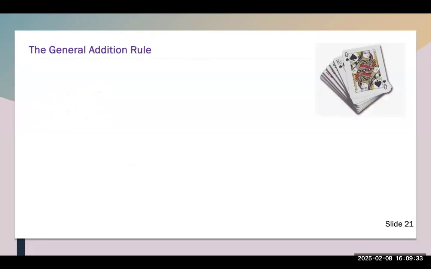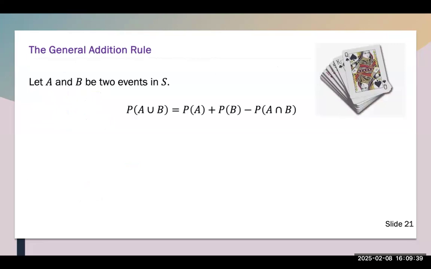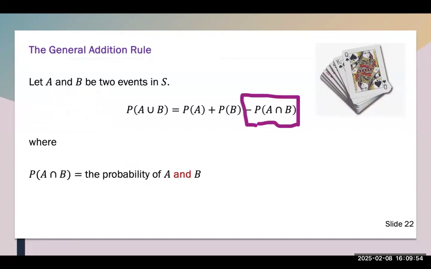Okay, here is the general addition rule. Given any 2 sets, A and B, in a sample space, the probability of A or B is the probability of A plus the probability of B, but we need to subtract the intersection, the probability of A and B. This is the new part.